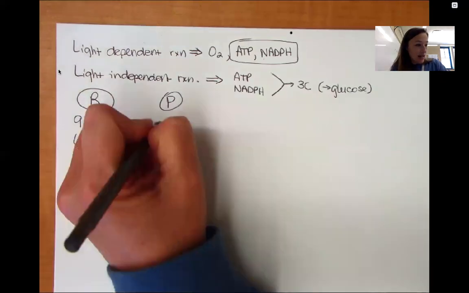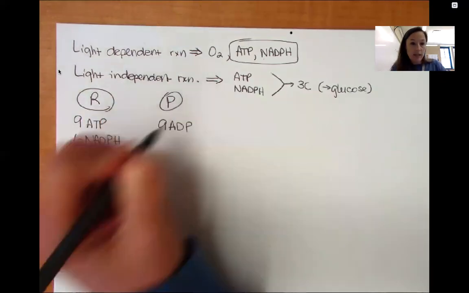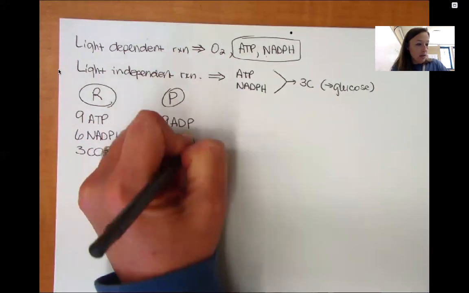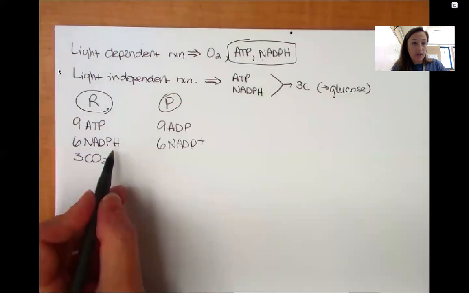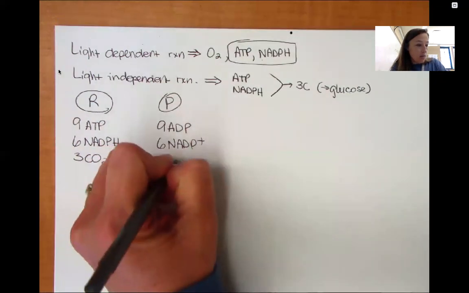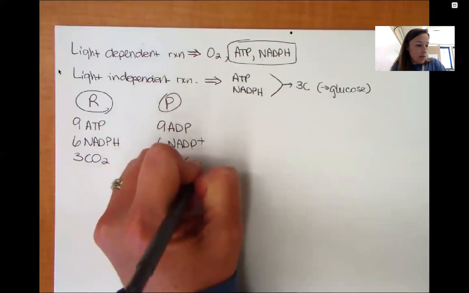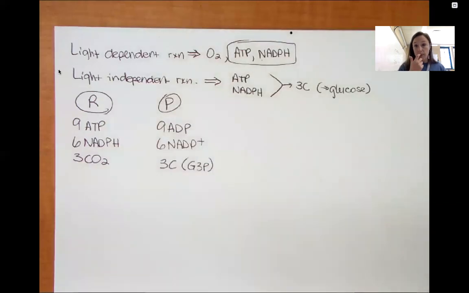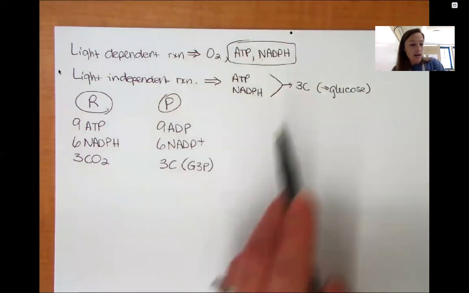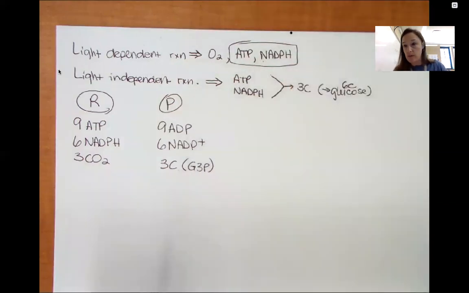That's going to be 9 ADP, because we're going to break all of those ATPs down, 6 NADP plus, because we're going to oxidize all of those, remove their electrons, and then a 3-carbon, which we call glyceraldehyde 3-phosphate, or you might see G3P. You might see neither of those. You might just see a 3-carbon. And so we're going to have to do this process twice to get 2 of these to join them together to make that 6-carbon glucose.